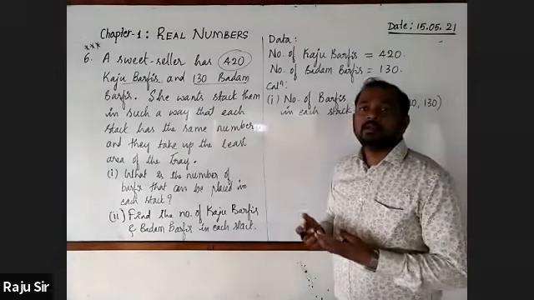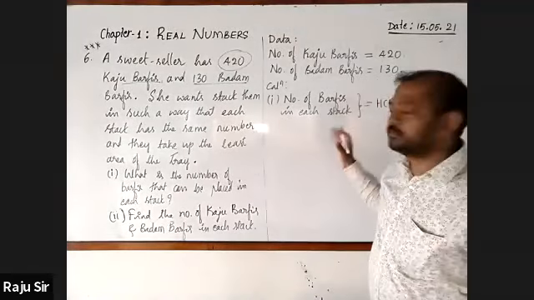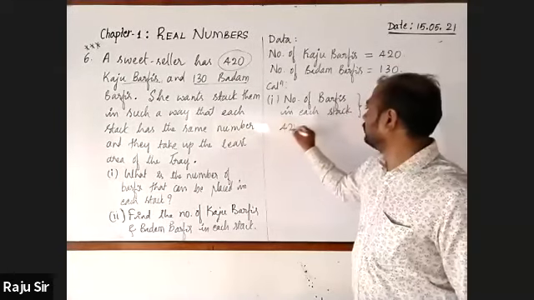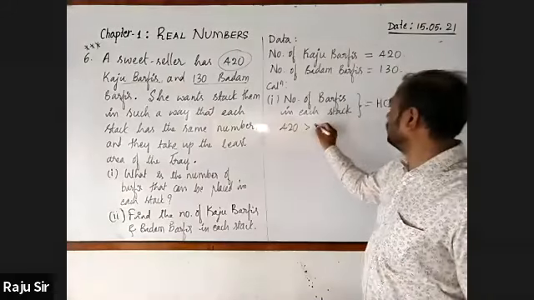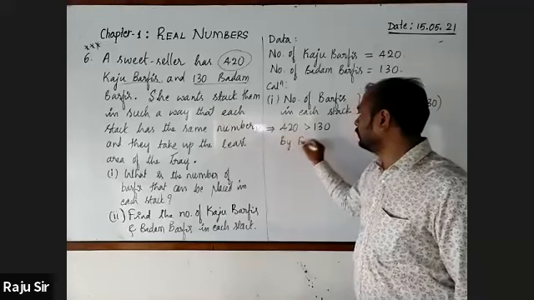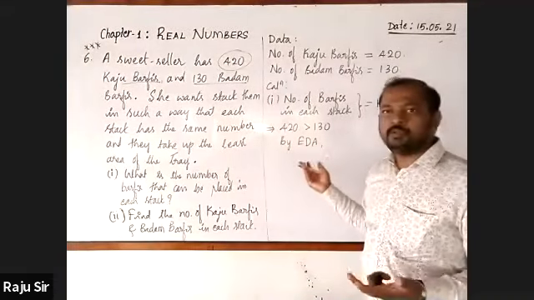As the EDL or EDA concept has been used, use it for finding the HCF. 420 is greater than 130. Then go for using Euclid's division algorithm. You can use it directly.